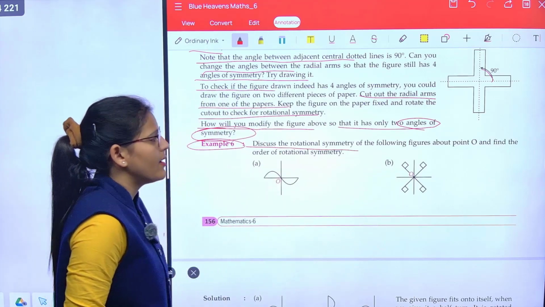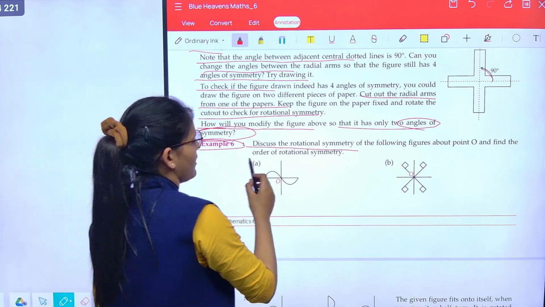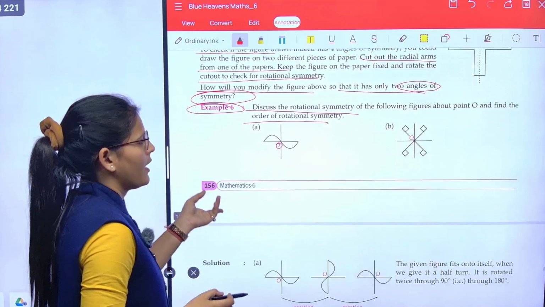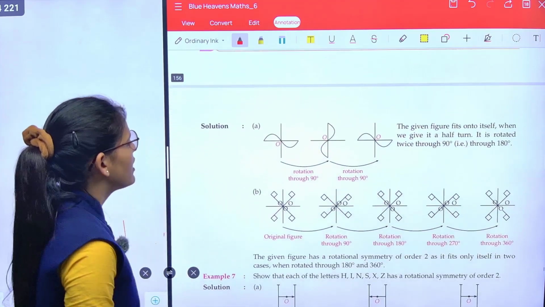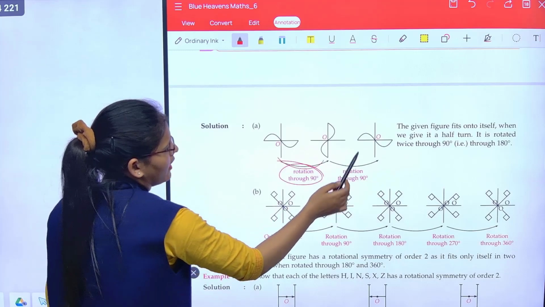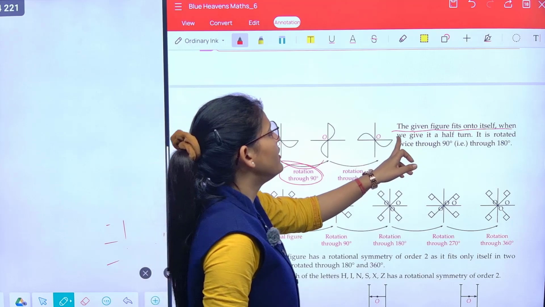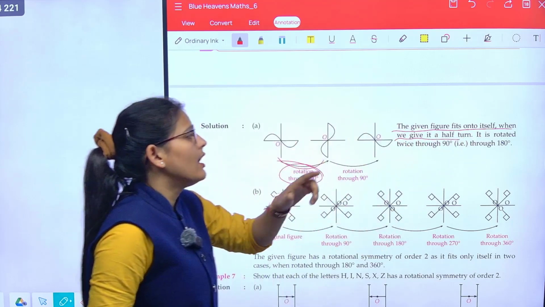Discuss the rotational symmetry of the following figures about point O and find the order of rotation. That's point O. We rotated it 90 degrees. See, like this. The given figure fits onto itself when we give it a half turn.